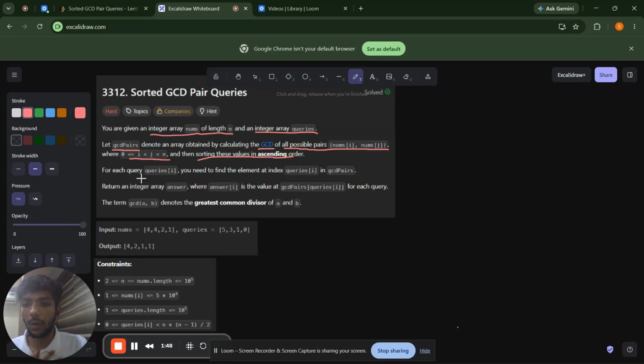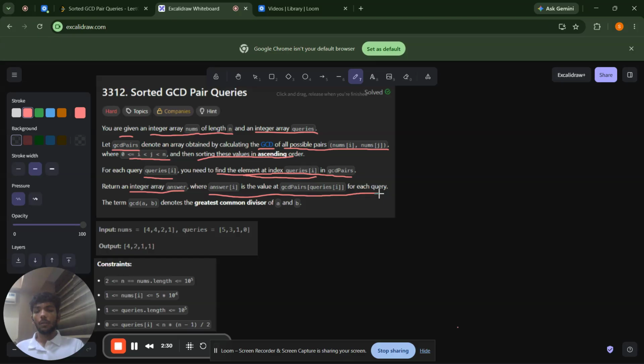For each query[i], we need to find the element at index queries[i] in GCD pairs. So in the array formed here, we need to find the element at index queries[i]. And what is queries[i]? It is the element present in queries at the ith index. We need to return an integer array answer where answer[i] is the value at gcdPairs[queries[i]] for each query.